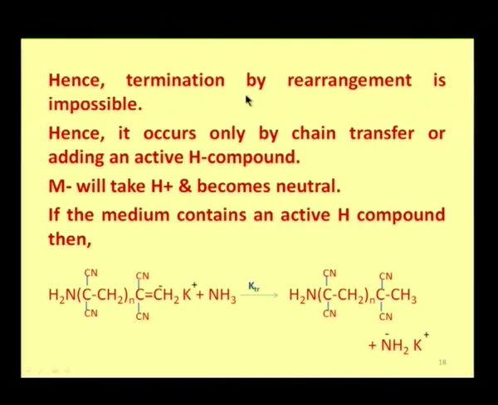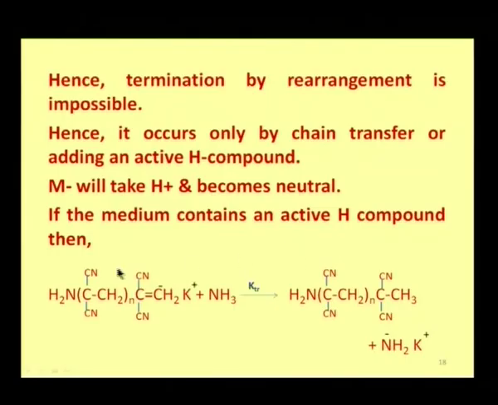So, that is the basic difference between cationic and anionic polymerization in the mechanism route. Hence, because of this reason, termination by rearrangement is not going to be possible in anionic polymerization. Hence, termination occurs only by chain transfer or by suitably adding an active hydrogen compound.